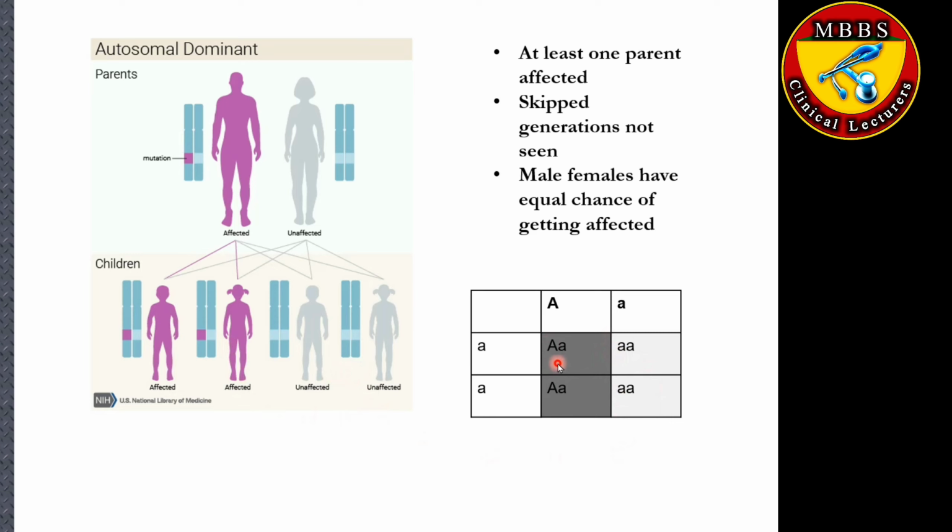So here we say that in autosomal dominant inheritance, at least one parent should be affected. Skipped generations are not seen in this type of inheritance. That means the disease is inherited in every generation. Then males and females have an equal chance of being affected. See, the male to female ratio is the same.